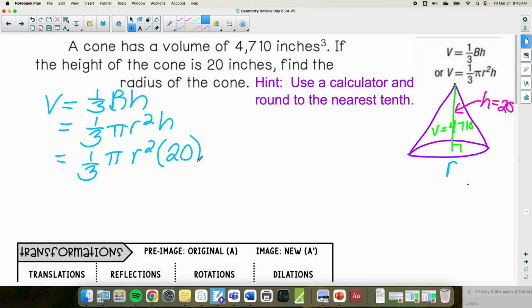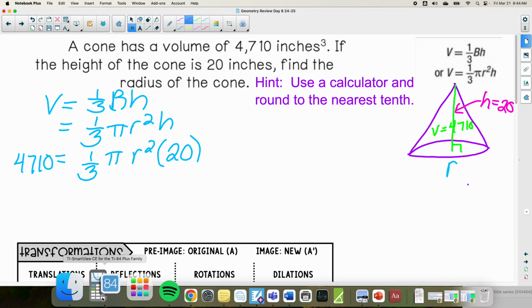And I know my volume over here to be 4,710. Now, here is what I would do on this one. On the left side, you have 3 things you can multiply. You can go 1/3 times pi times 20.